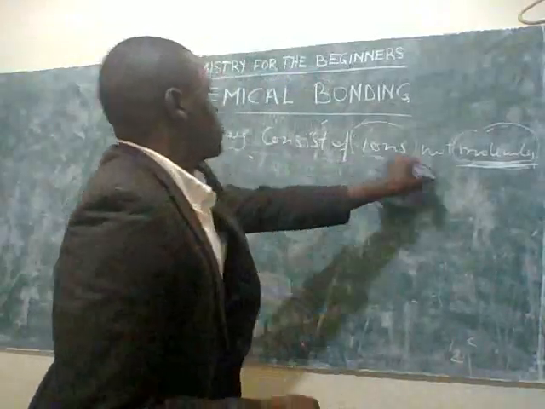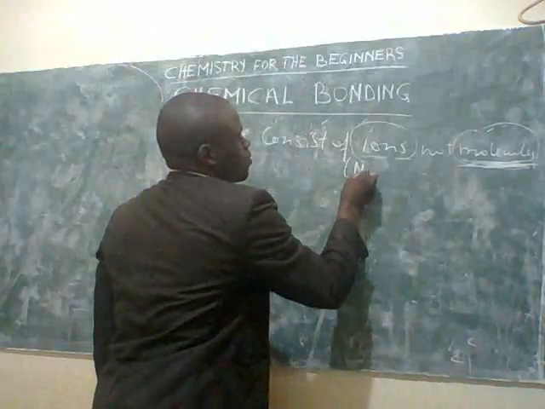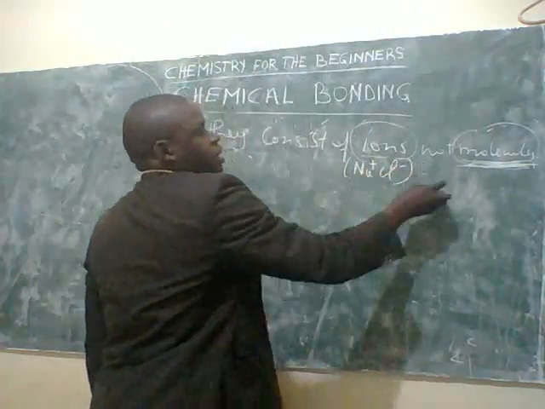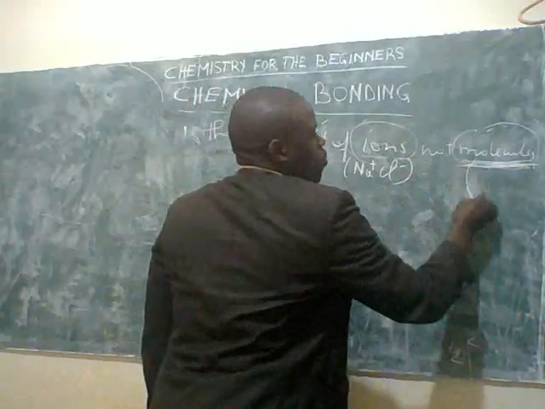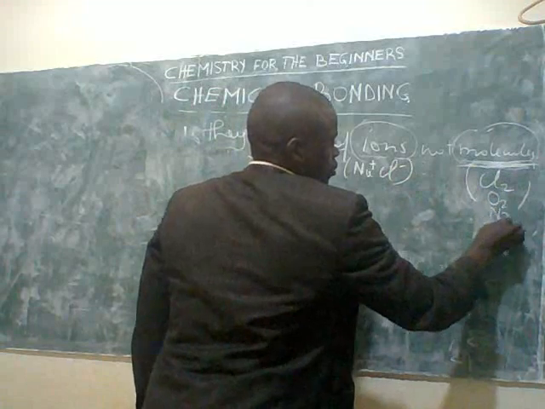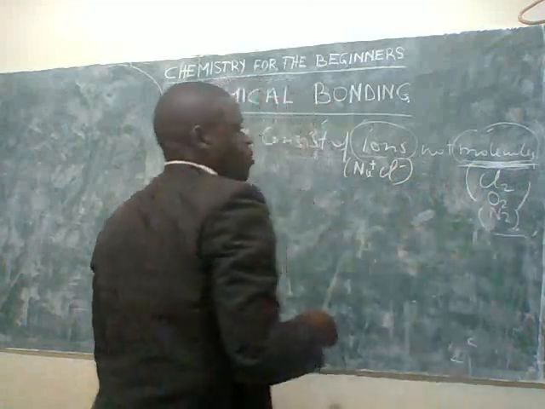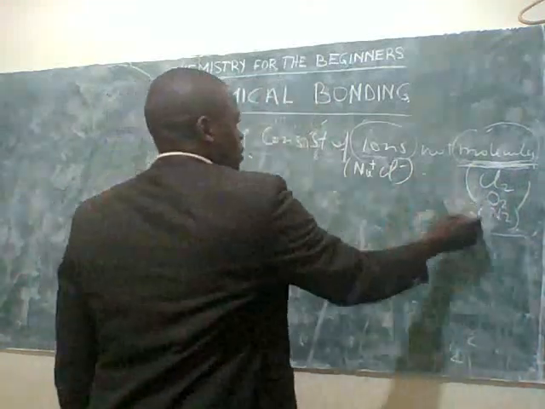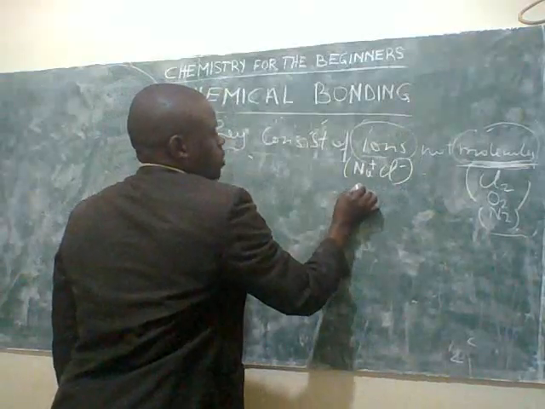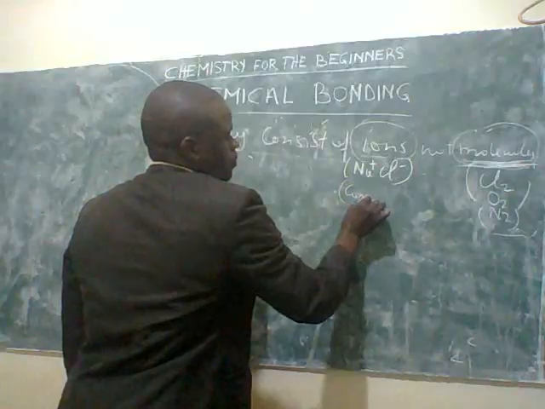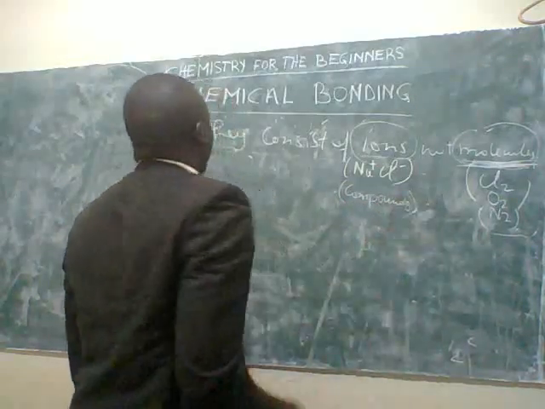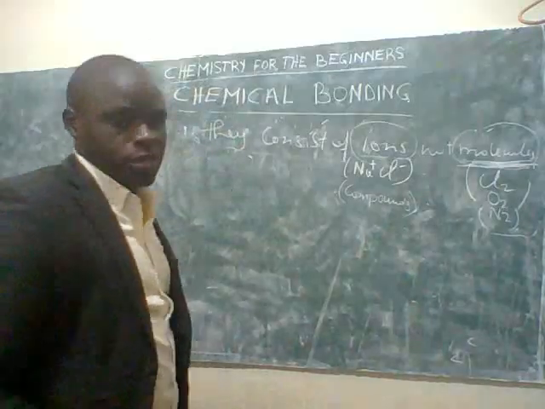They consist of ions, not molecules. For example, O2 and N2 are molecules, which means they are not ionic compounds.